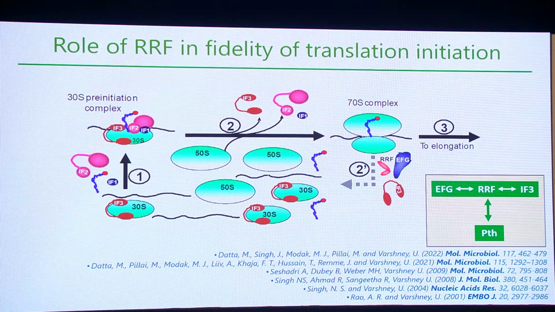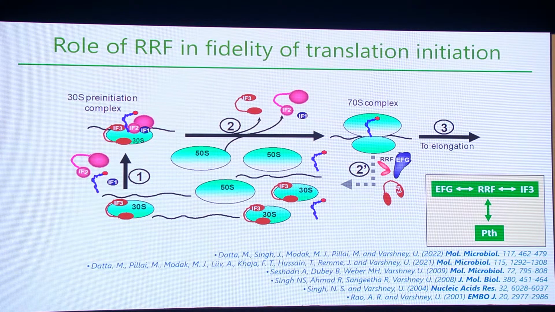Now, this has not really been talked about by a lot of people, but as I said, in many of our studies, even when we have not intended to study this, it has come up that RRF is important for accuracy of initiation. And we can show by genetics quite nicely that there is genetic interaction between RRF and PTH.